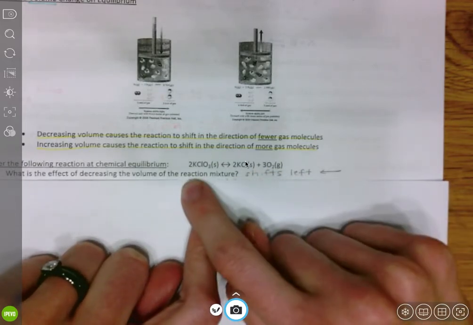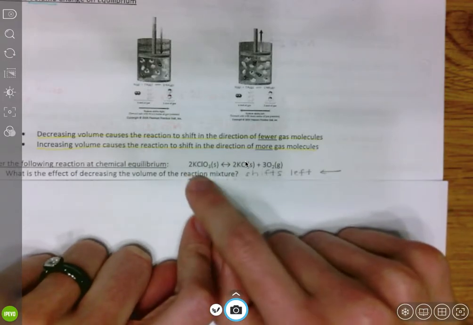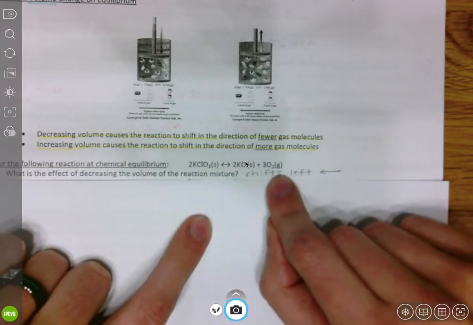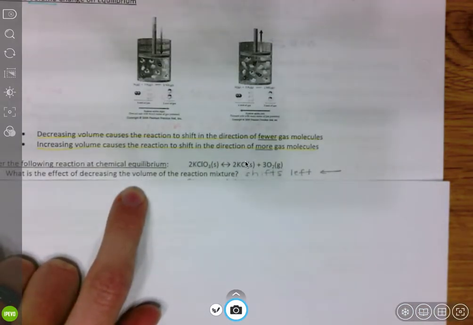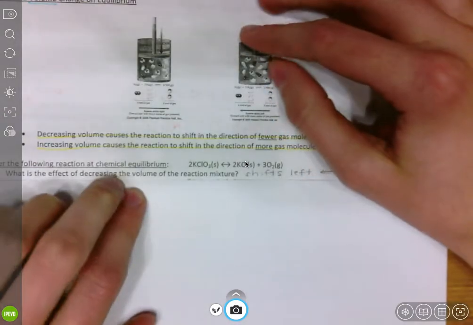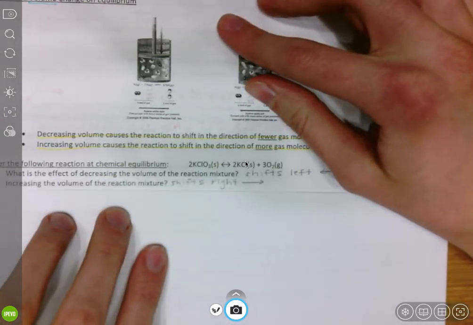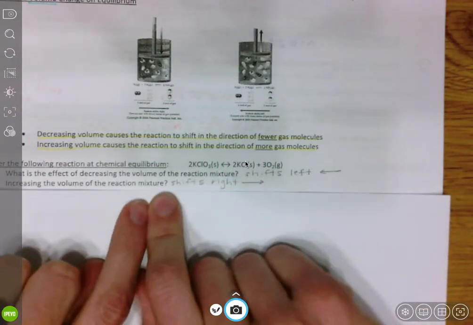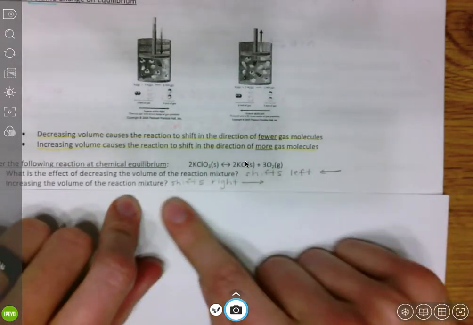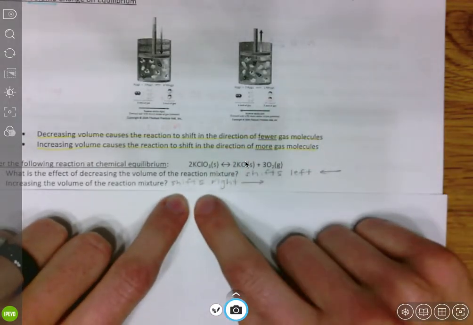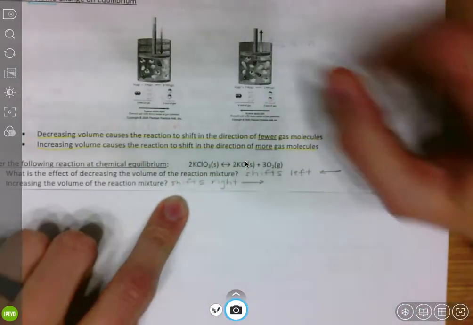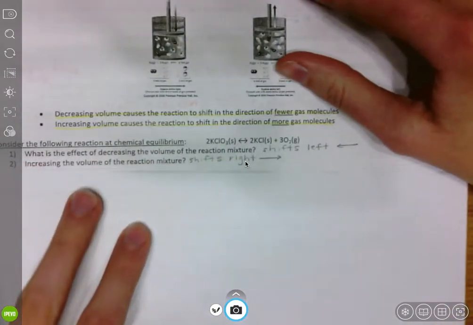So we are going to shift to where we don't have any gas, so the solid. The gas molecules don't have very much room to move around because of the decreasing volume. So we gotta shift to where there just aren't gas molecules. Increasing the volume of the reaction mixture means our gases are going to be happy and get to move around a lot more. So we're going to shift to the right where we're producing gases.